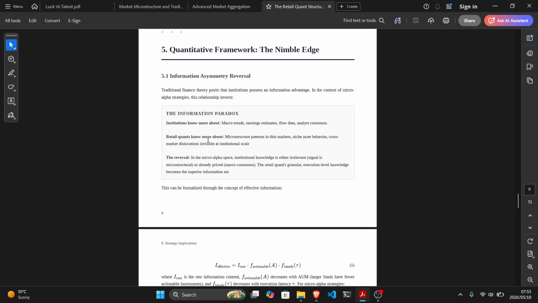Retail quants know more about microstructure patterns in markets, niche asset behavior, cross-market dislocation invisible at institutional scale. The reversal: in the micro-alpha space, institutional knowledge is either irrelevant, because the signal is microstructural, or already priced, as macro consensus. The retail quant's granular execution-level knowledge becomes the superior information set.